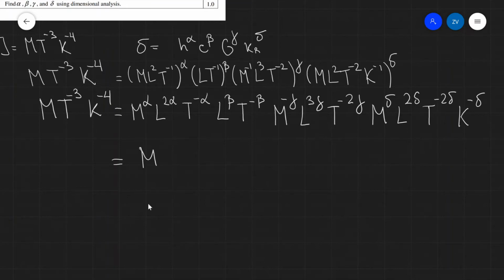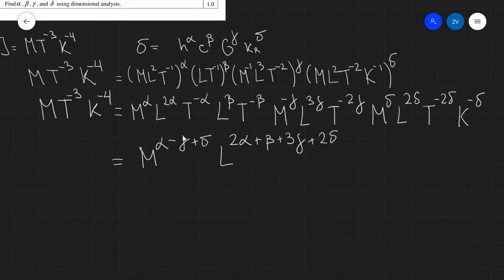Overall, this will be equal to m to the power of alpha minus gamma plus sigma, multiplied by L to the power of 2 alpha plus beta, plus 3 gamma, and plus 2 sigma.